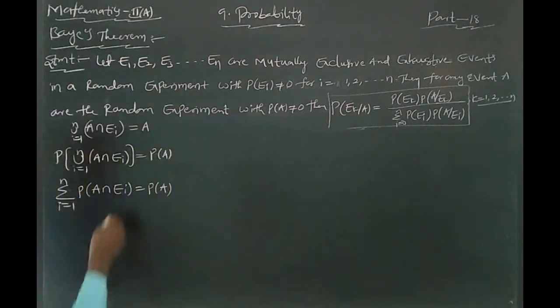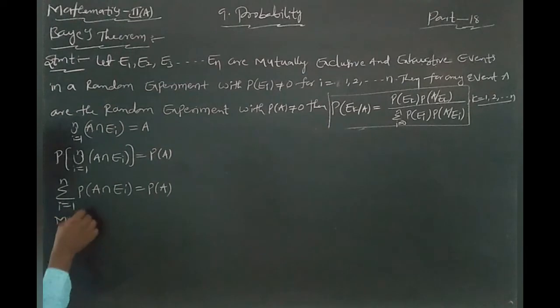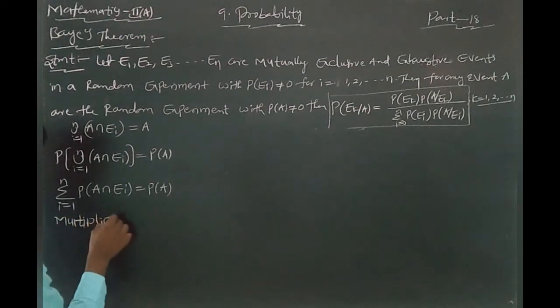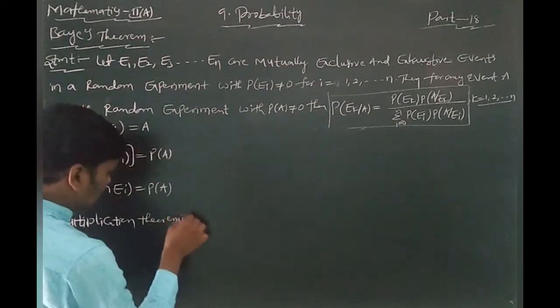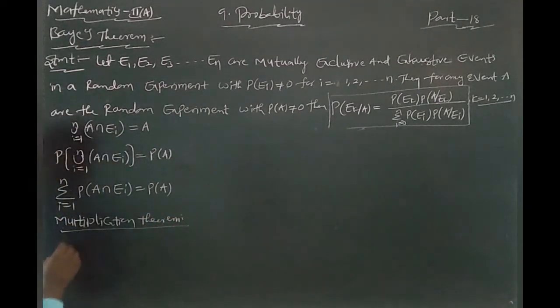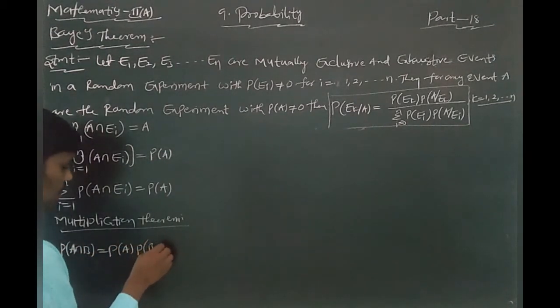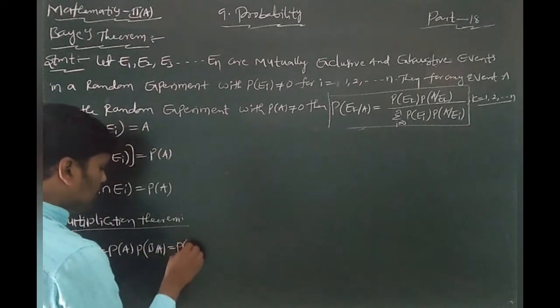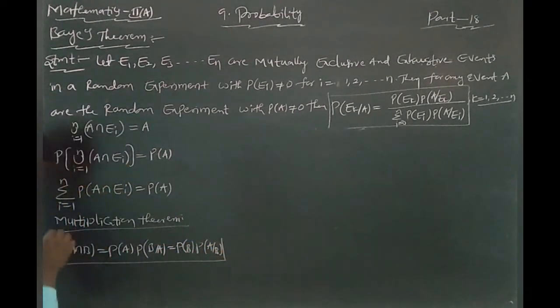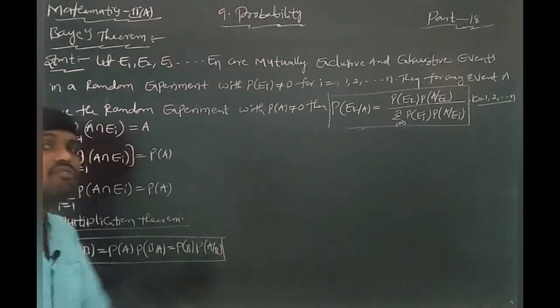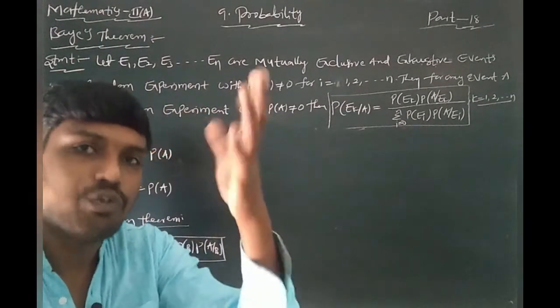That's why you can write by the multiplication theorem on probability. What is the multiplication theorem? P of A intersection B is equal to P of A into P of B by A, which is equal to P of B into P of A by B. You can use either of these two formulas, as you wish.